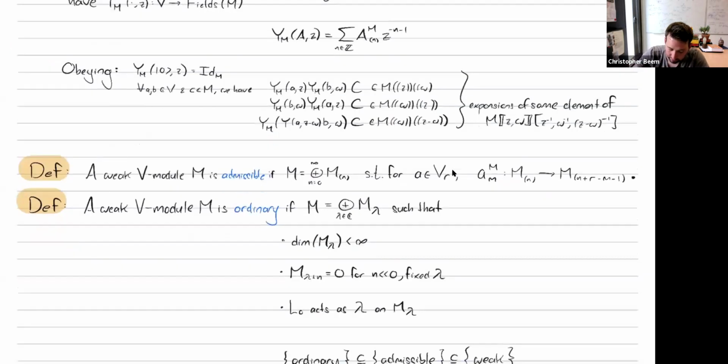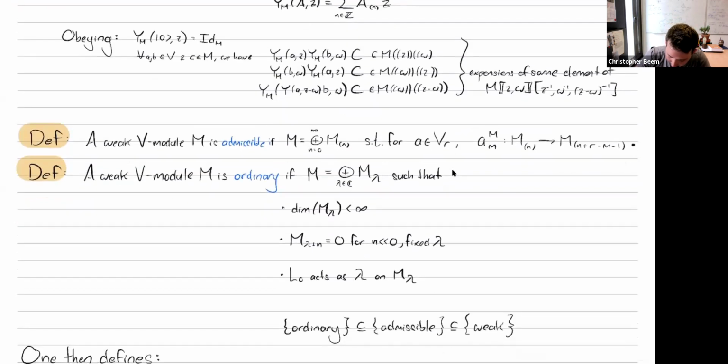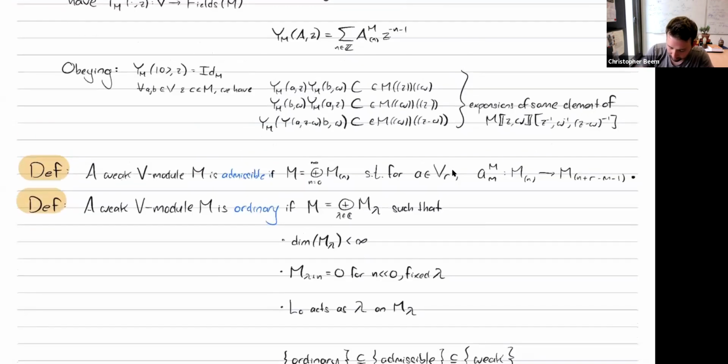And this should obey some consistency conditions, which here I've written in the non-analytic way. I'll just go through them quickly. If you act with two different elements of your vertex algebra on the same module, in two different orders, you should have the same locality condition: different expansions of the same element of a space of rational things. This is analogous to the analytic continuation of operator valued meromorphic functions.